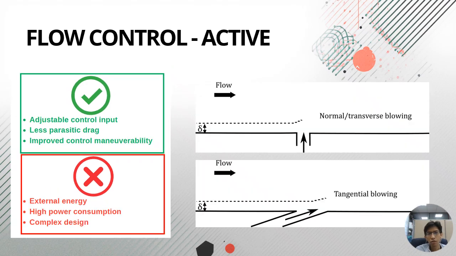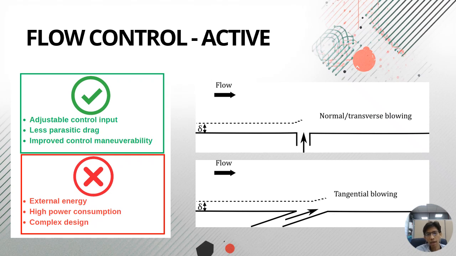Active flow control types include normal blowing and also tangential blowing, to name a few. The advantage is that the control input can be adjusted, whether you want high power, low power, or medium power. It creates less parasitic drag because the flow control doesn't disrupt the airflow, and it improves the control maneuverability.